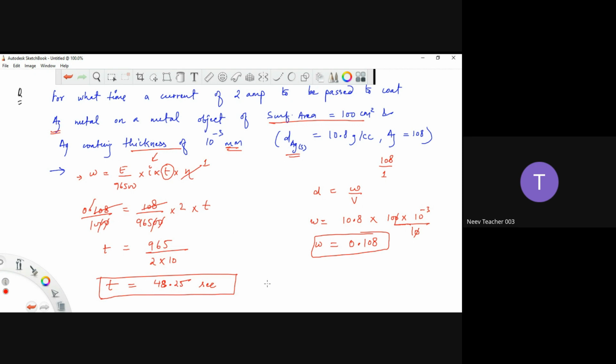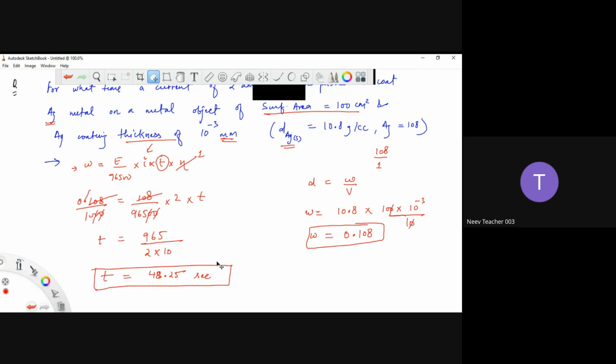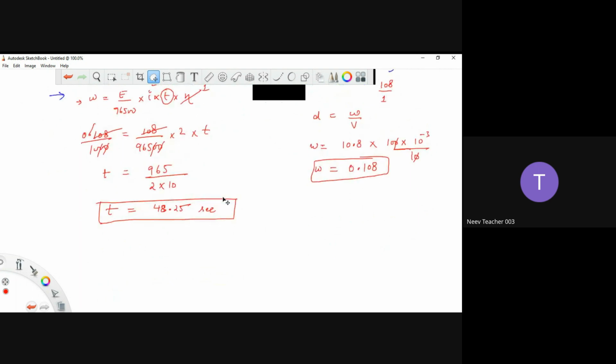Now in electrolysis, there is one important thing, and questions will be there on it, and that is discharging.